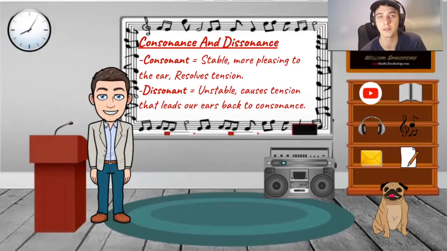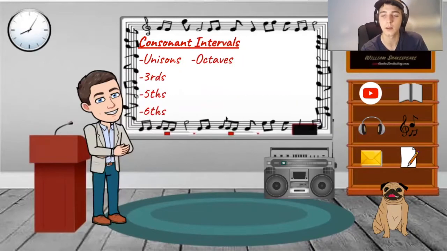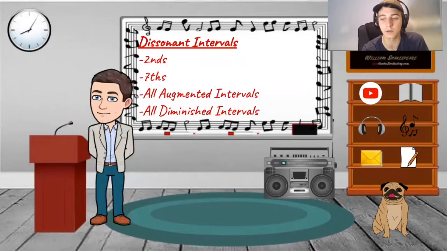Our consonant intervals are going to be our unisons, thirds, fifths, sixths, and octaves. These are intervals that tend to be a little bit more pleasing to the Western ear. Our dissonant intervals are going to be seconds, sevenths, and any augmented or diminished intervals.